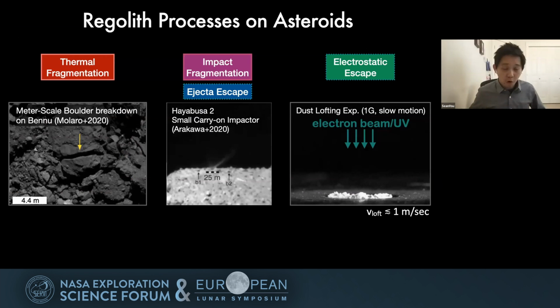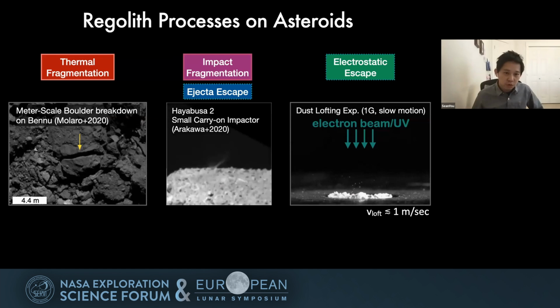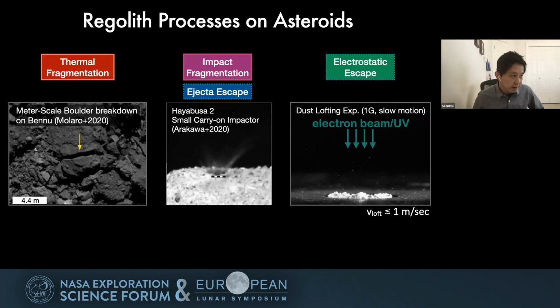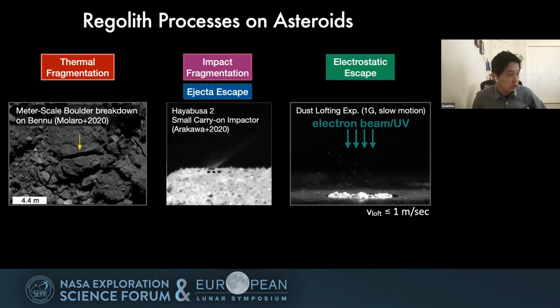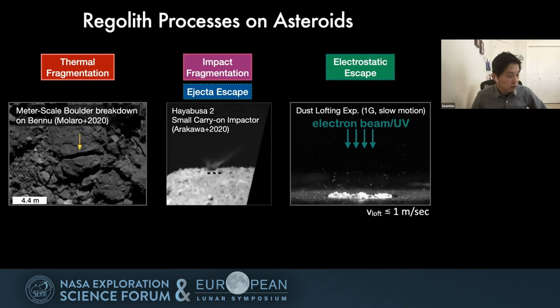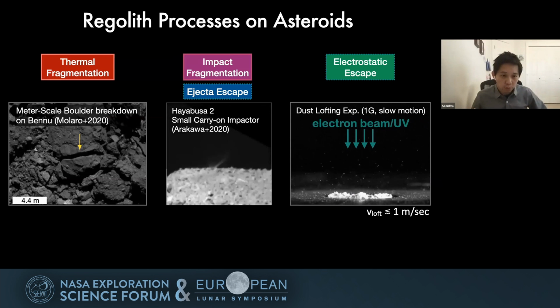For asteroids, we consider three processes to be the key players. Starting from the left, we have thermal fragmentation, which has been simulated in the lab and also observed on Ryugu and Bennu, and could be a major fragmentation process that breaks down boulders into smaller pieces.